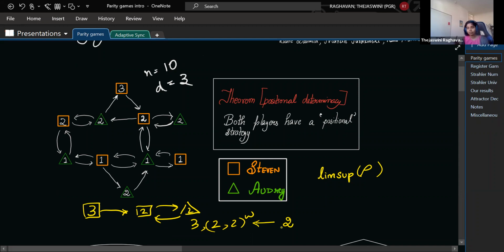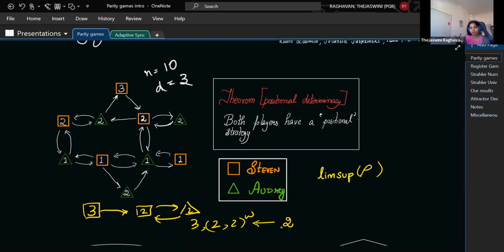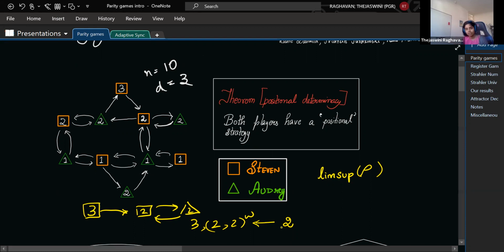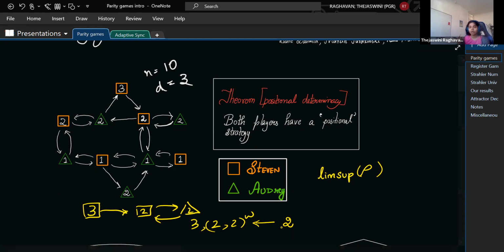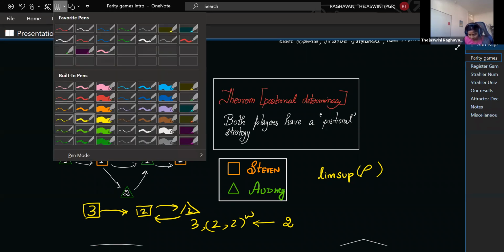So Steven wants these kinds of plays where the max priority of the vertices seen infinitely often is even. And Audrey wants the dual of this, where she wants the max priority of the vertices seen infinitely often to be odd. So let's take an example of a play that's winning for Audrey.